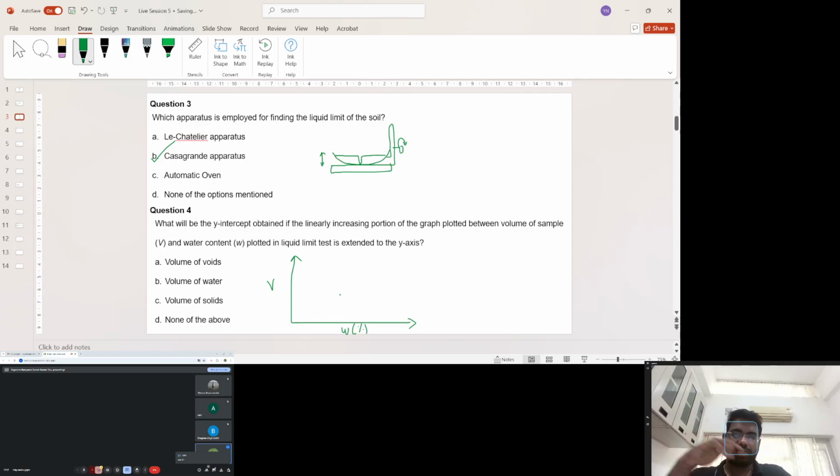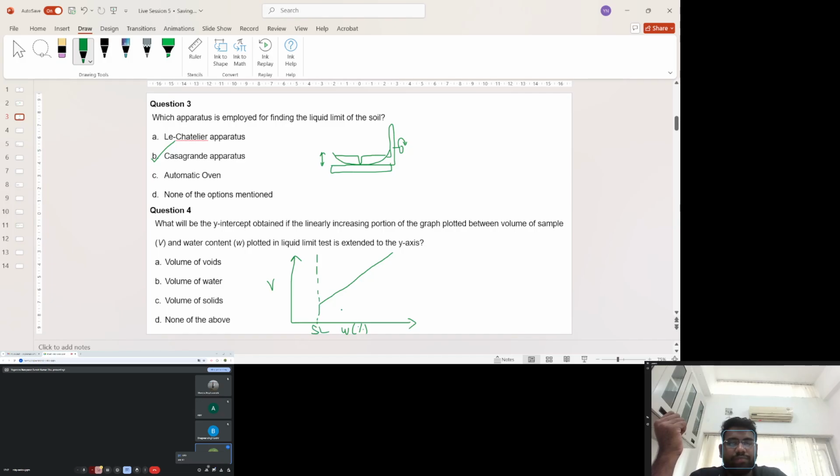Now let us come in the reverse manner. Once the water content starts decreasing, the total volume starts to decrease.